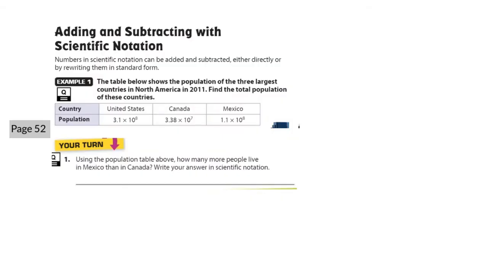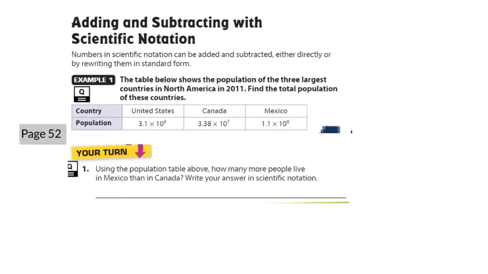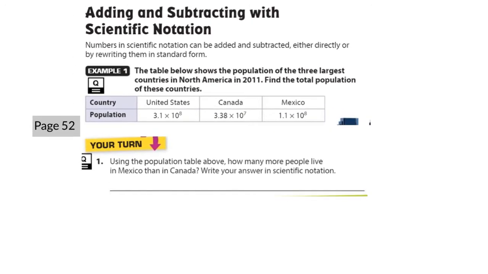Okay, so we're on page 52 now, and you can see that we have that same table because in the your turn problem, it refers back to this table again. Using the population table above, how many more people live in Mexico than in Canada?